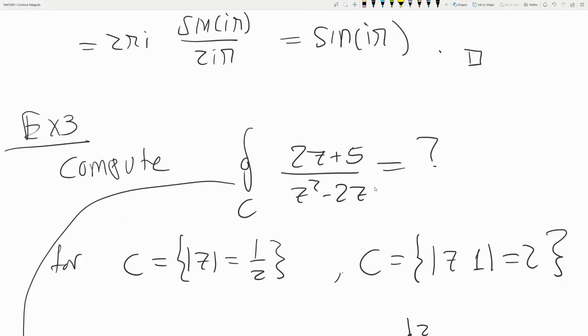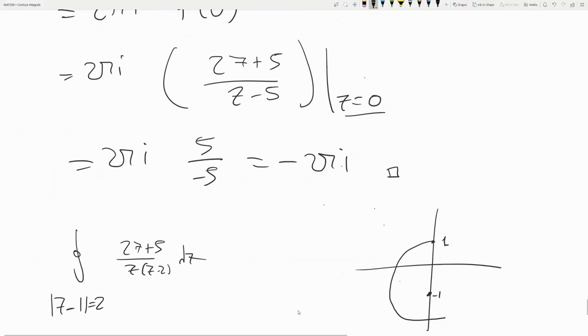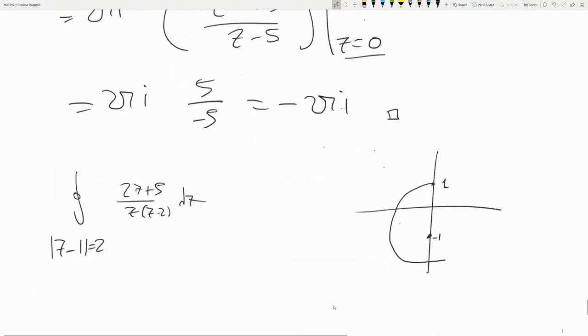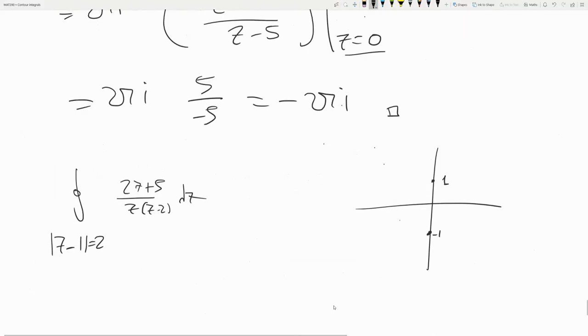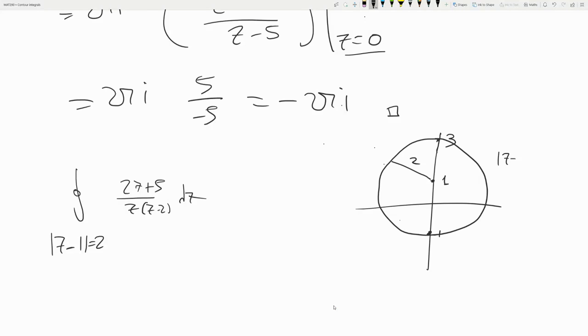You'll see why I want minus 1. So yeah, the contour is centered at minus 1, and it has radius 2. So it goes up like this. Okay, so why do I pick this? Because now 0 and 2 are both inside.